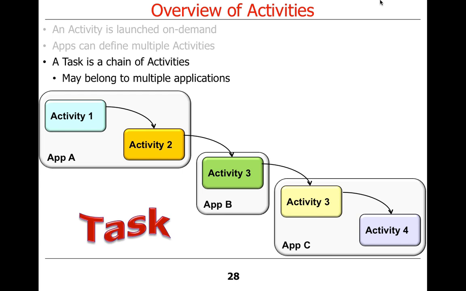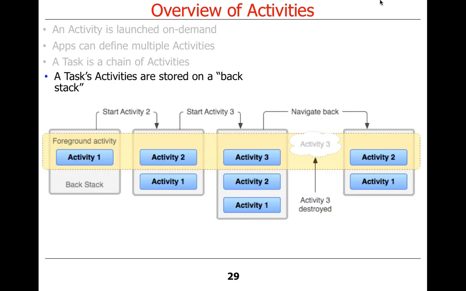That's why people often say intents are the glue that holds the activities together. I'll show you an example here in a second. The activities that you have for a task are actually stored on something called a backstack. At any given point in time, there's one activity that's in the foreground. How can you tell which activity is the one in the foreground? It's the one you see, right?